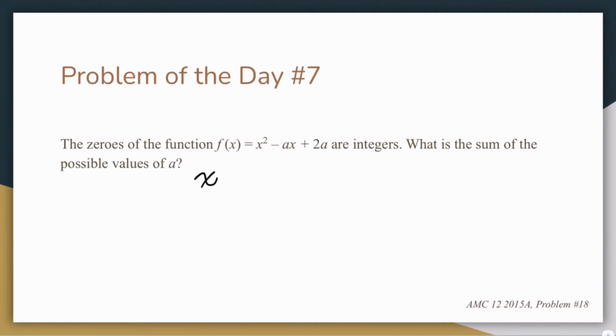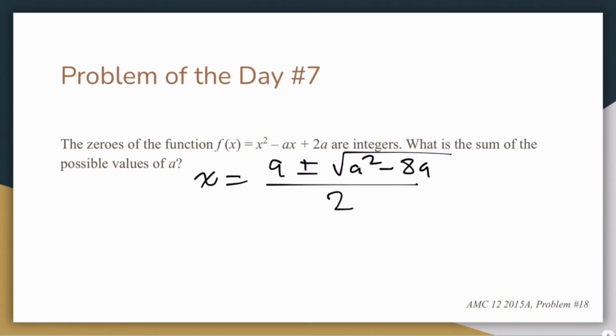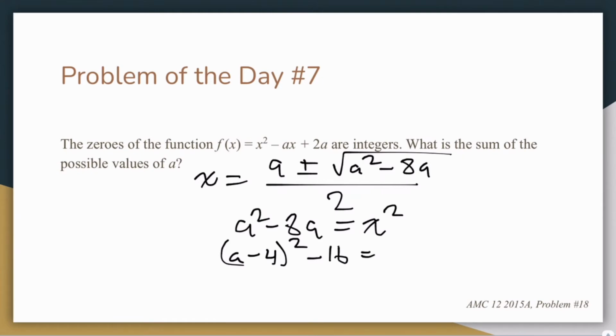It comes out to be x is equal to a plus or minus the square root of a squared minus 8a, over 2. We need a squared minus 8a to be the square of an integer, so that its square root is an integer. So this is x squared. But a squared minus 8a is also a minus 4 squared minus 16, which is x squared.